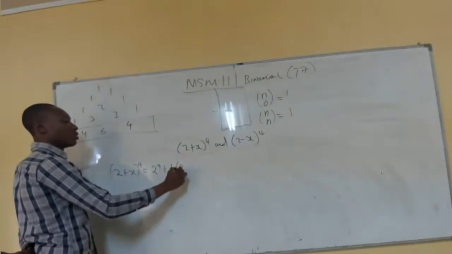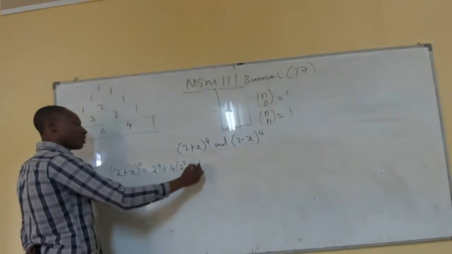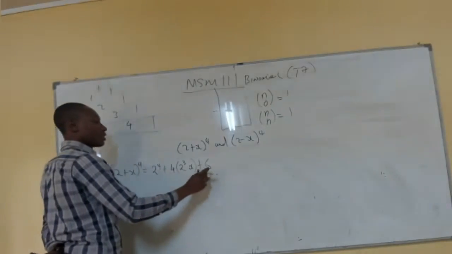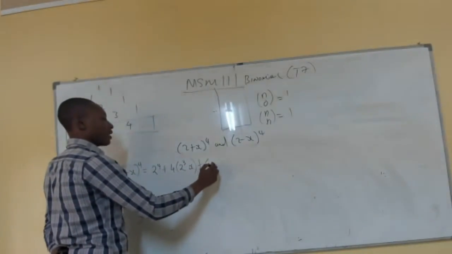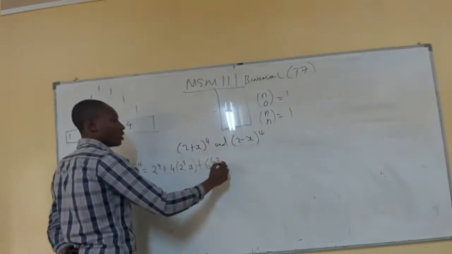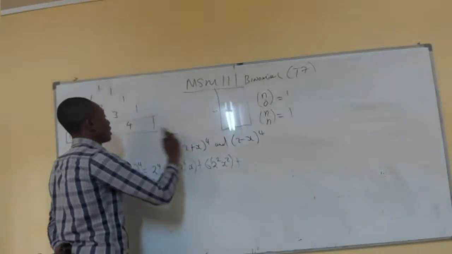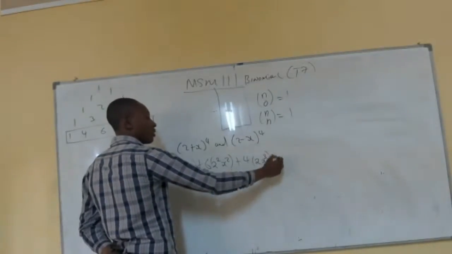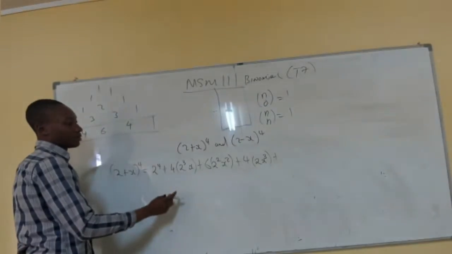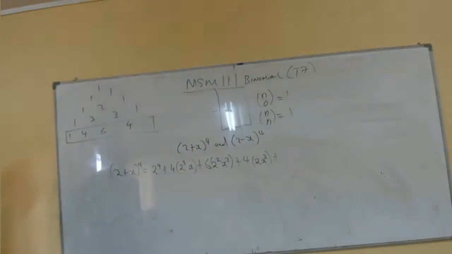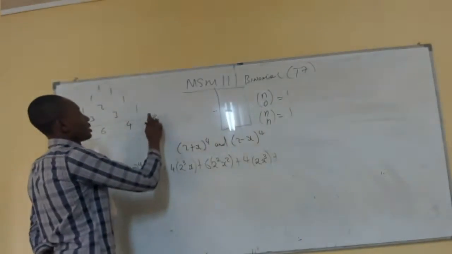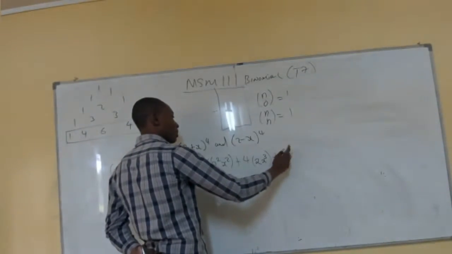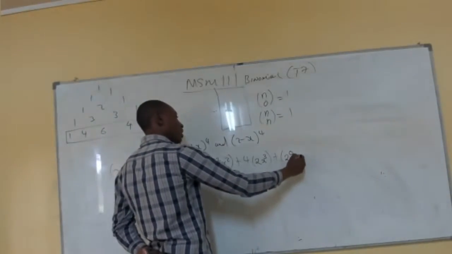It's 4, then 2 to the power 3, x, plus the next one is 6, so 6 multiplied by 2 to the power 2, x to the power 2, plus the next one is 4, 2 x to the power 3, plus the last one is 1, which is x, so this is 2 to the power 0, x to the power 4.